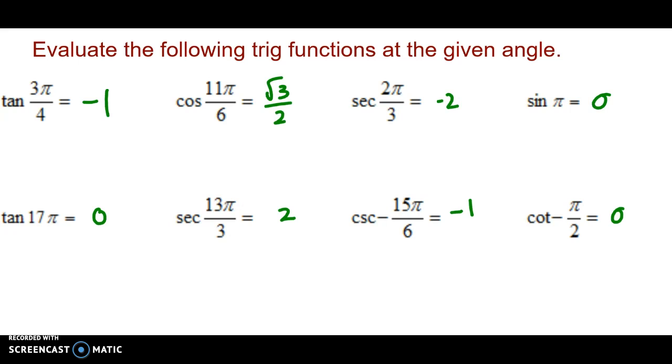All right, so we can check our answers here. The easiest way to do this is, for example, sine of pi. Go to pi, find out what the y value is at pi. It is 0. Secant of 13 pi over 3. Well, we know that that's the same thing as the secant of pi over 3 because it's a coterminal angle, right?